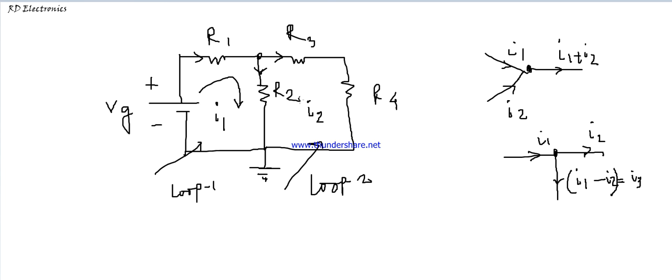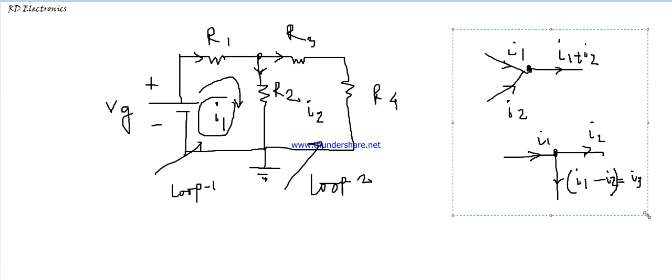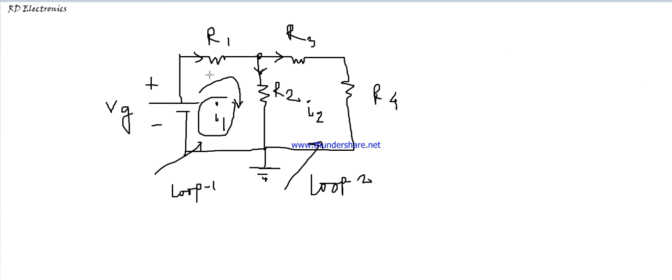So now calculate the magnitude of current I1 and I2 separately. First of all, we consider KVL theory. At loop 1 we apply the KVL theory.